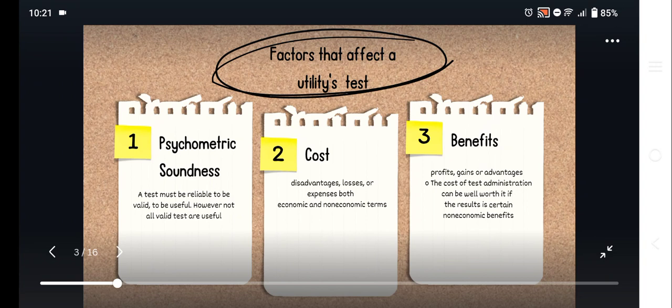A psychometrically sound test of particular value is worth paying for, even when the dollar cost is high, if the potential benefits of its use are also high, or if the potential costs of not using it are high. The costs and benefits cannot be considered solely in monetary terms.